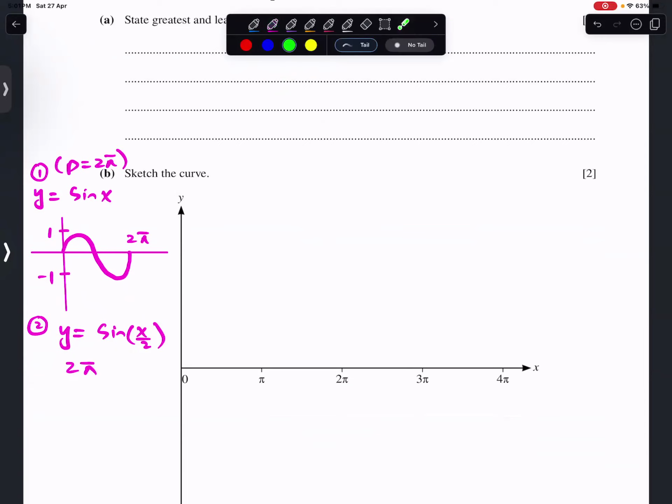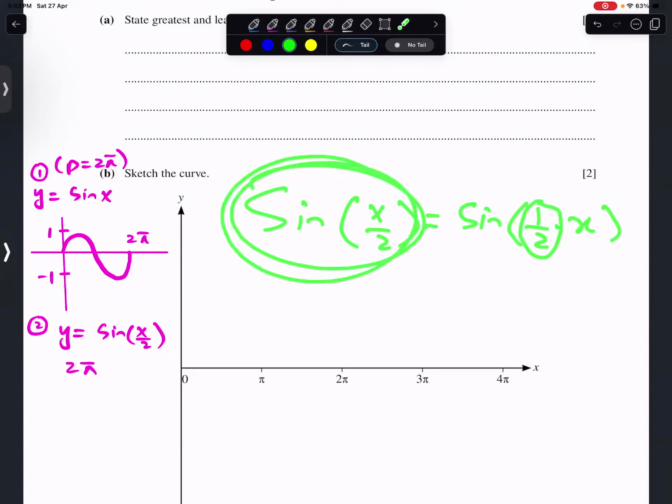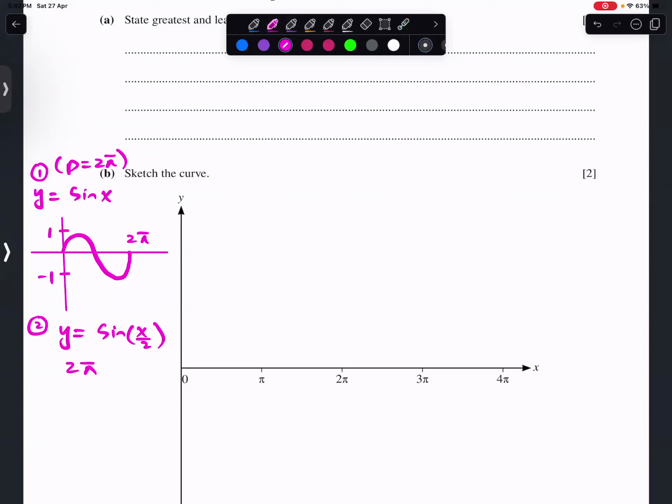Whenever you want to find the period of a new function, look at the coefficient of x. Sine x by 2 is actually sine half x, so this is the coefficient of x. To find the period, divide 2 pi by this coefficient. This is the fixed formula. 2 pi divided by 1 over 2 is just 4 pi. So this function has period 4 pi.